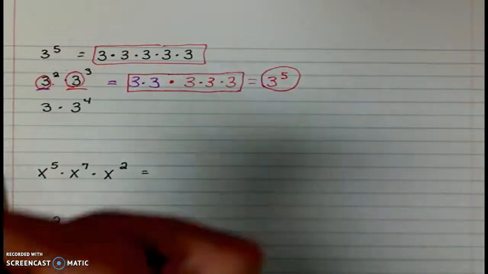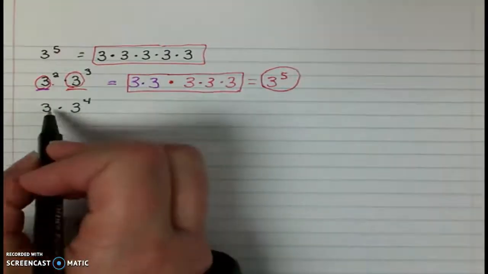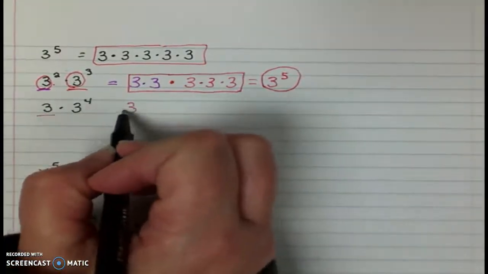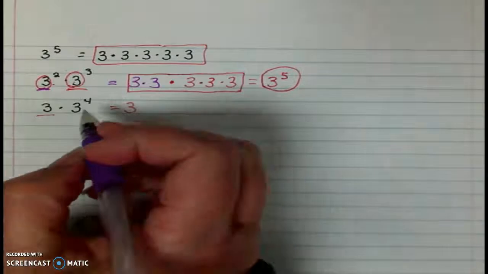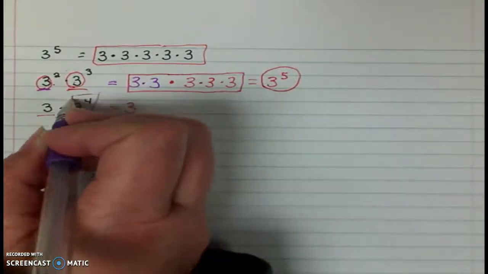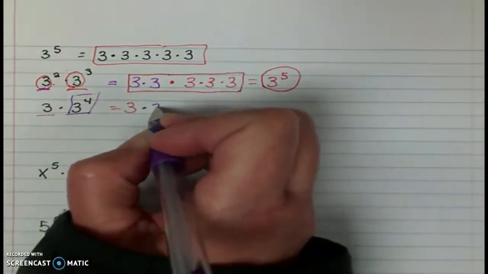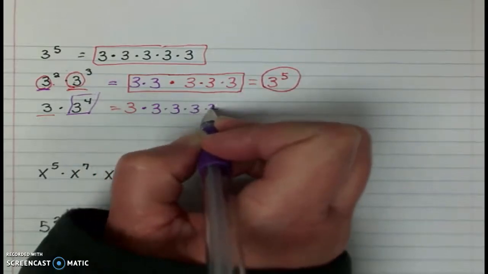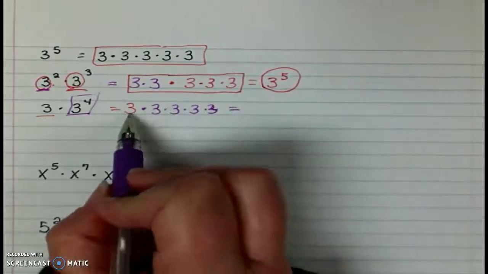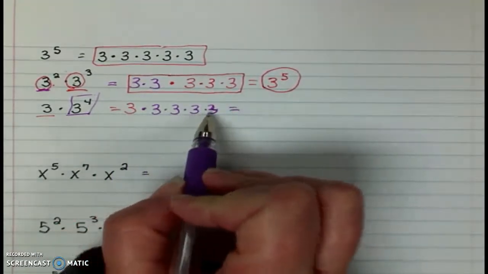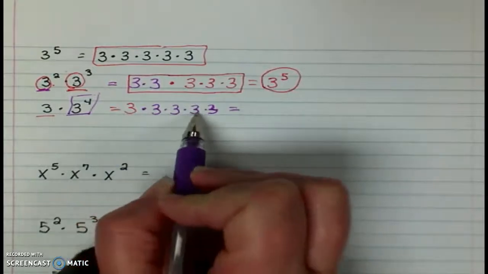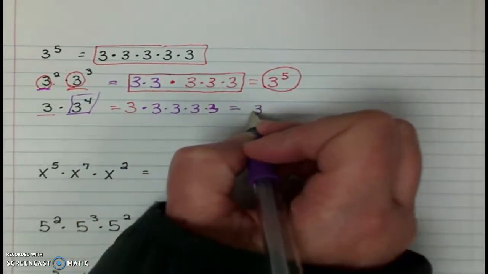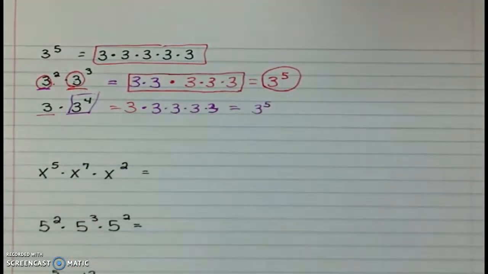So if I ask you to take 3, which is right here, just that one factor, and I take it times 3 to the 4th, that 3 to the 4th means you're going to use 3 as a factor 4 times. Then your overall answer is 3 times 3 times 3 times 3 times 3. 1, 2, 3, 4, 5. That is the same thing as 3 to the 5th power.